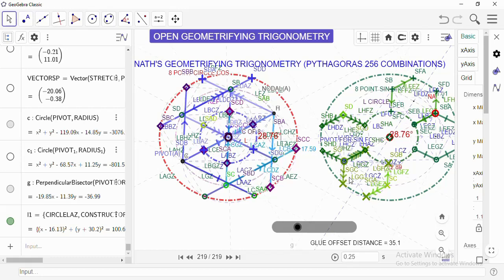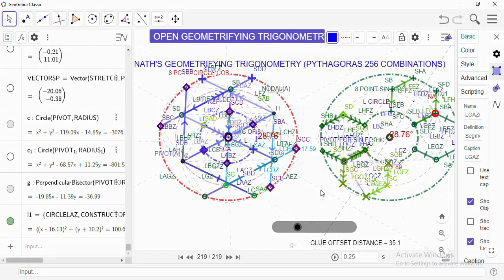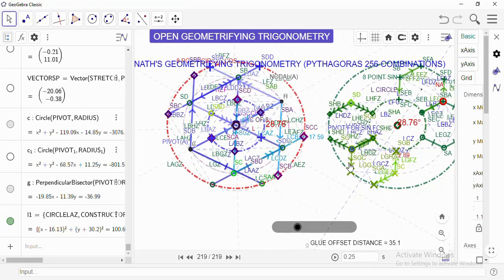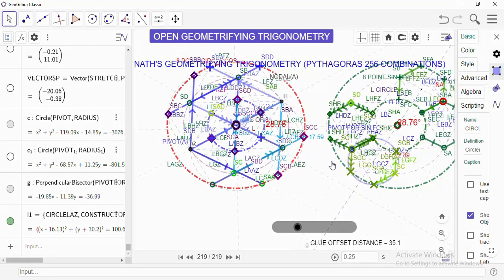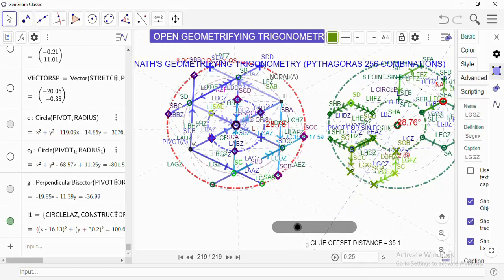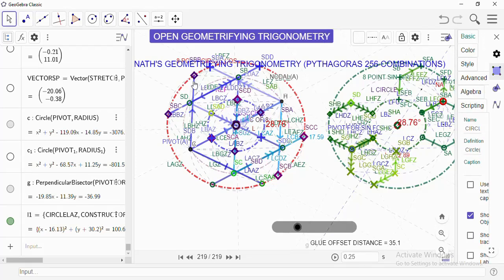This one is a different line, but this is a construction circle. I want to select this one, this line, or this one plus this line are making 1.